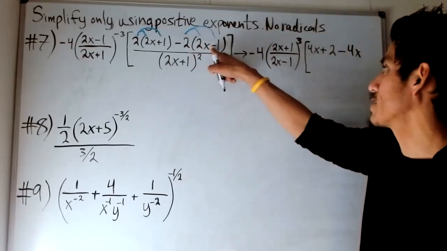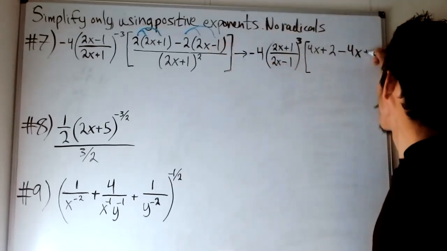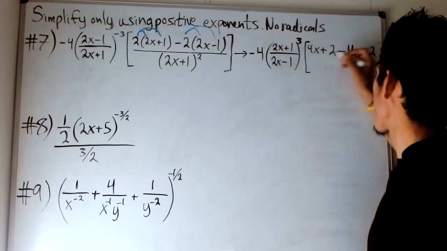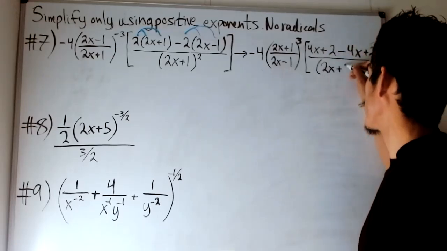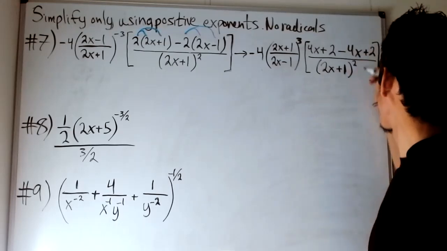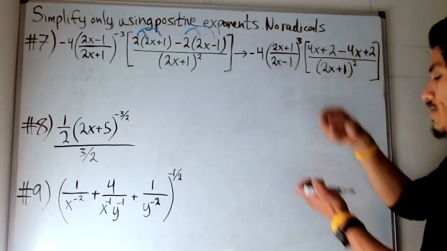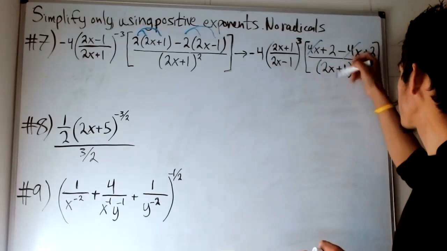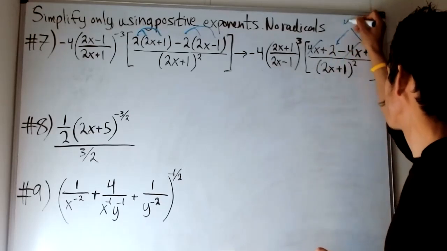Minus 2 times a minus 1 will become a +2, all over a 2x plus 1 squared. Now here, you can see that these 4x's will cancel. And so all you have left is 2 plus 2, so you have 4.